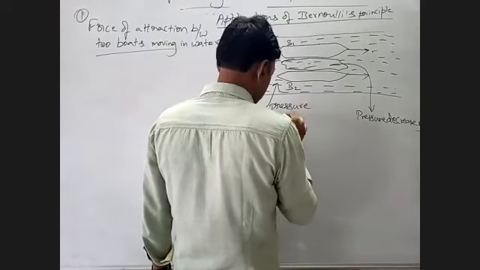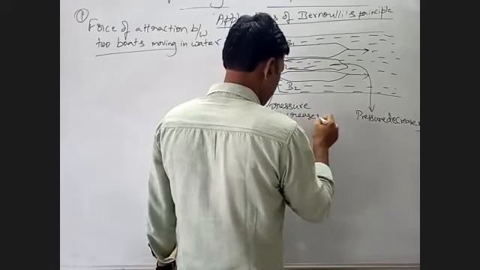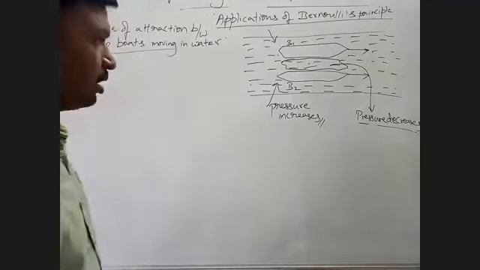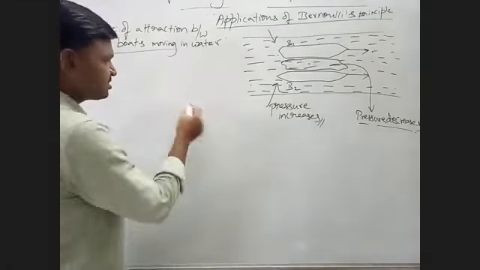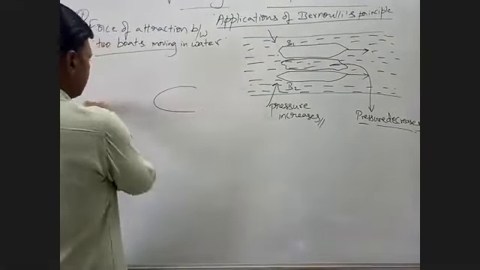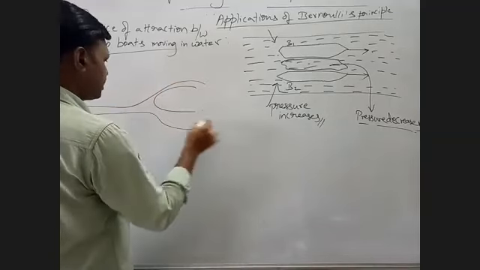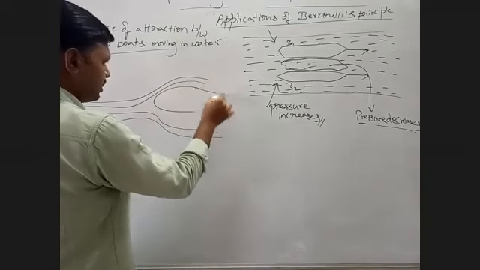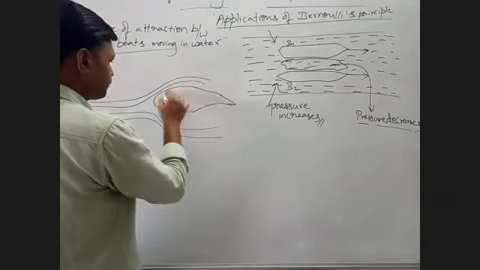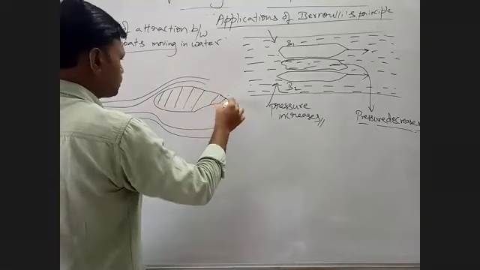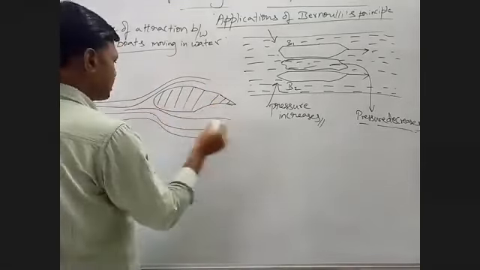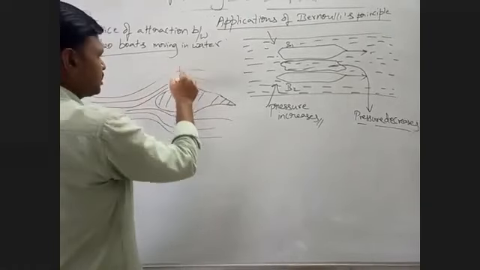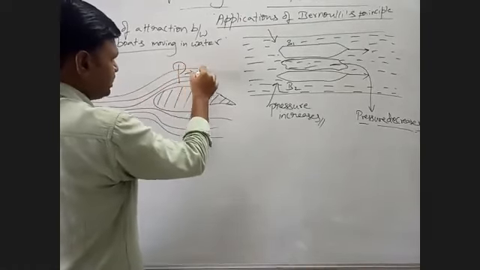But this is the actual concept. That means if some surface is there like this, and a current of wind or fluid is there, suppose this surface is like this, then in the upper part pressure decreases.